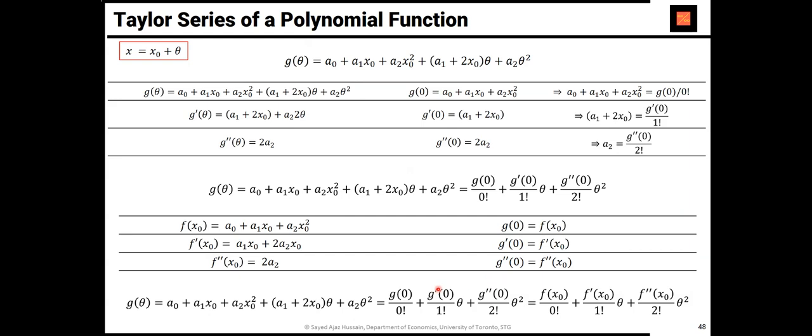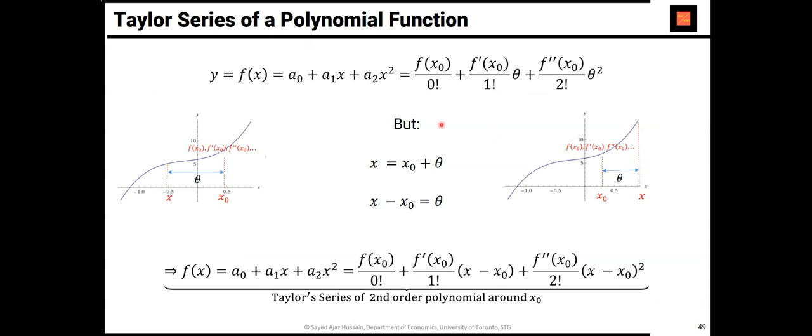So what we now have is g0 is f at x0, g prime 0 is f prime at x0, and g double prime 0 is f double prime at x0. Beautiful. And so we have this expression right here.